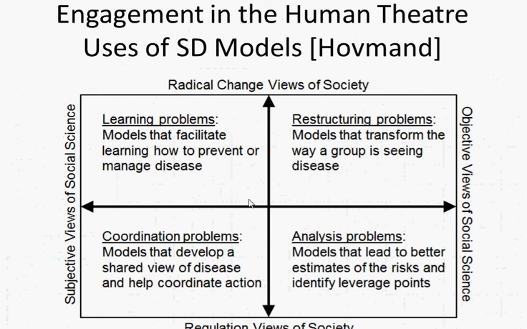But another one relates to what perspective the models represent. This is based on some of Peter's work, adapted itself from work done by contributors to a book edited by David Lane.